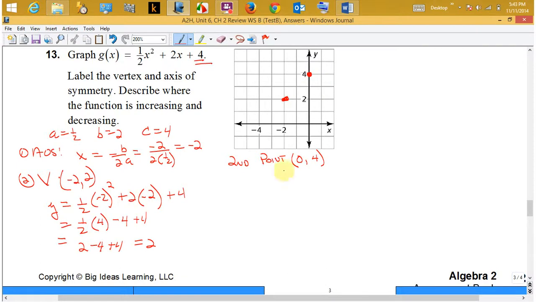Then I'm going to pick my third point, and I'm going to use the mirror. Let's label these (negative 2, 2) and (0, 4). And now I will have (negative 4, 4). Let's draw the graph. Let's put our axis of symmetry on there.